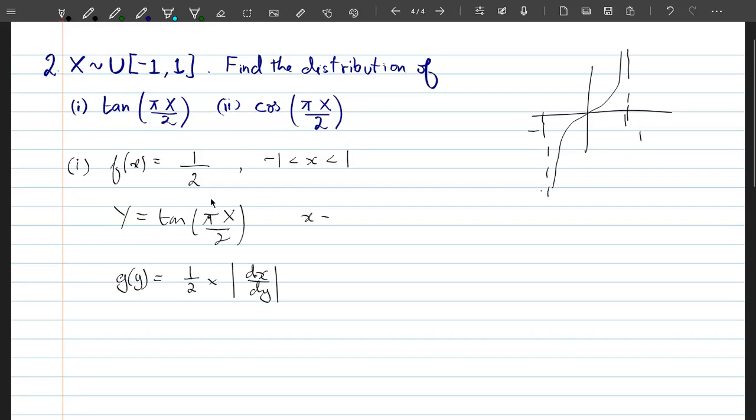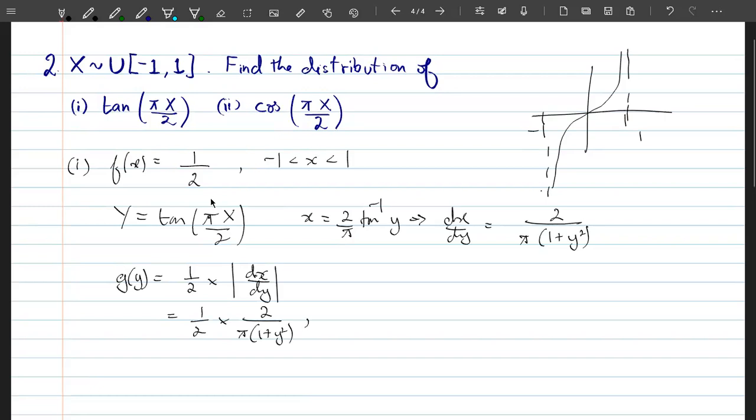Now, since x is equal to 2 by pi tan inverse of y, we have dx by dy is equal to 2 by pi times 1 upon 1 plus y square. So this is half of 2 by pi times 1 upon 1 plus y square.